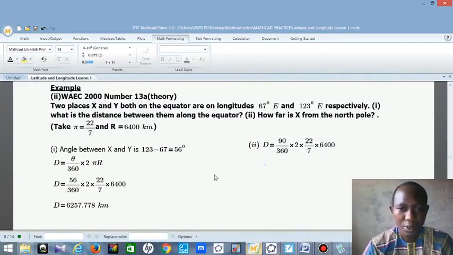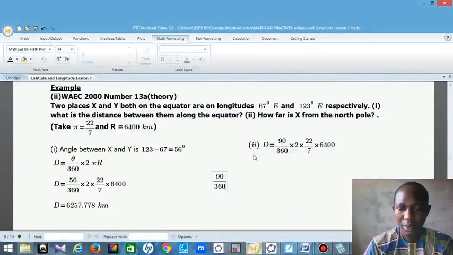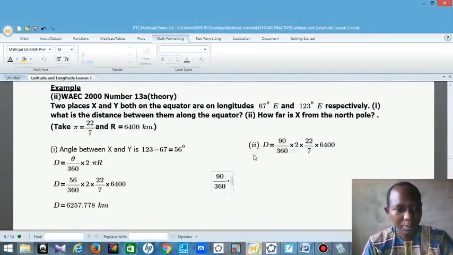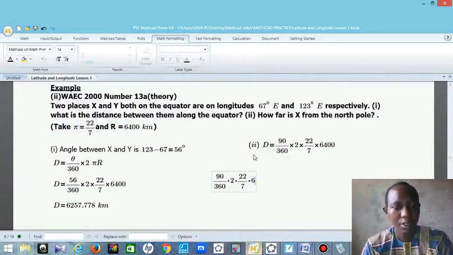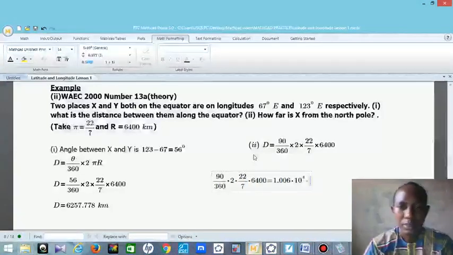If you also solve it with your calculator very well, let's just do it directly. 90 over 360 times 2 times 22 over 7 times 6,400. So let's put it in decimal.